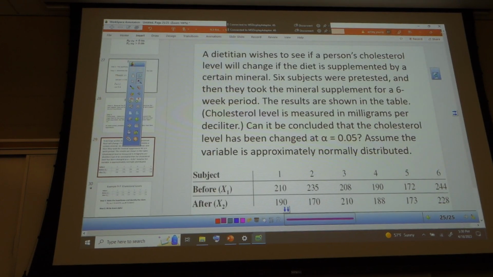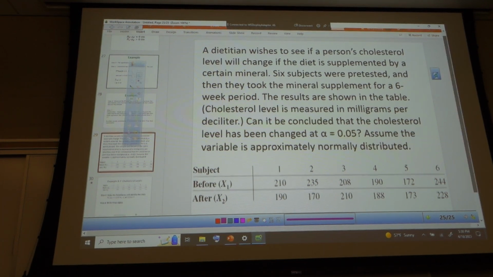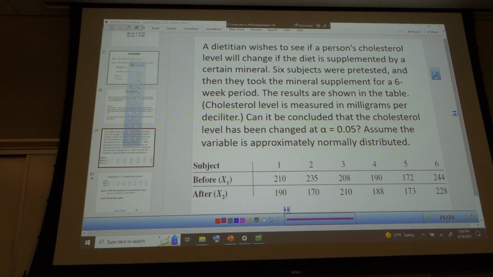First of all, is this a proportion or a mean? Proportion. Well, there's no word mean or average there, but how do I know that it's a mean? What's my data? Numerical. Anytime you have data listed, that's a mean in disguise. Because if it's a proportion, my data is yeses and nos.